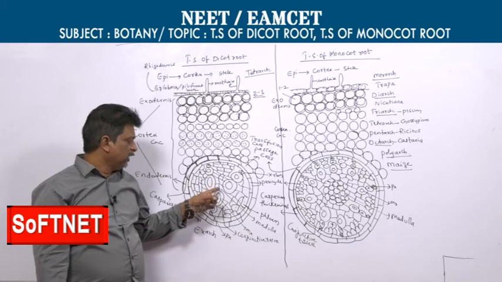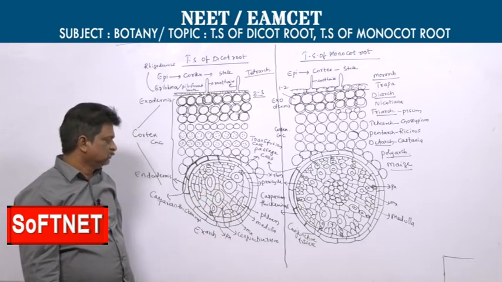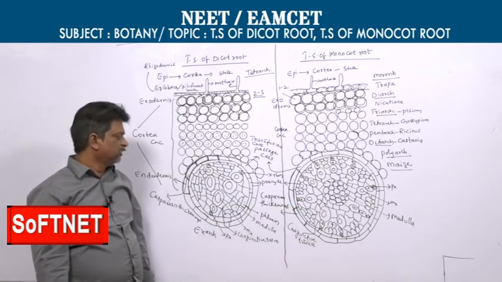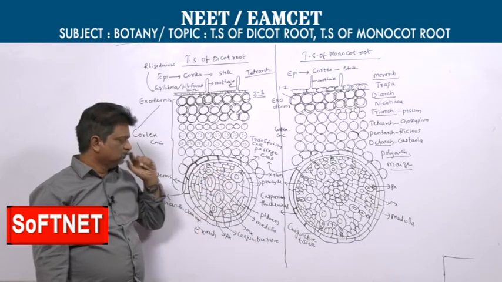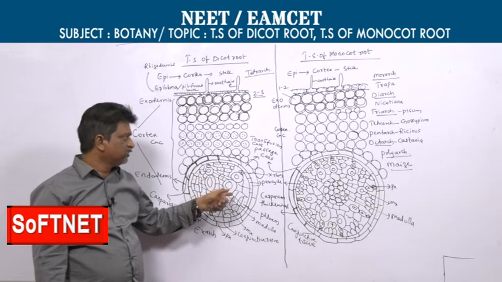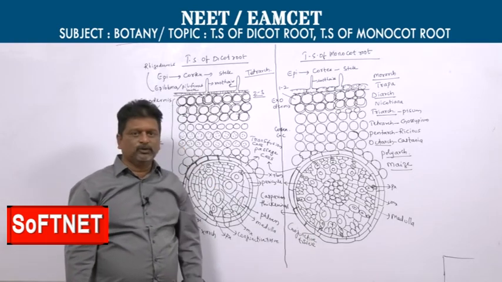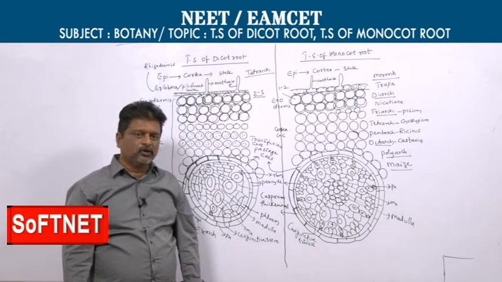Then dicot root, medulla is reduced; monocot root, medulla is enlarged. In dicot root, limited vascular bundles are present, common is tetrarch. Monocot root has numerous vascular bundles, called polyarch.